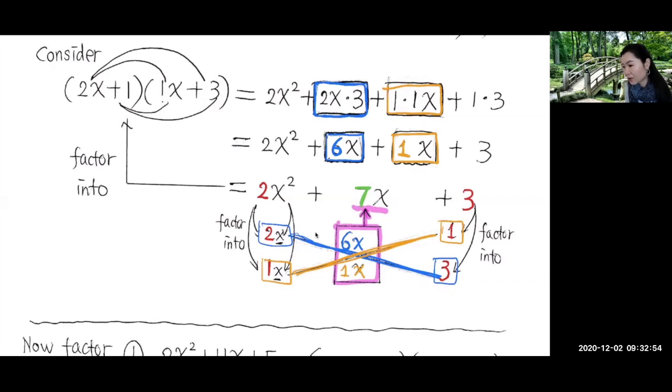And if you read this horizontally, 1x plus 3 is the second factor. So this 7x over here comes from this inner product, right here and here. And this 7 comes from this 6 plus 1. The 6 comes from 2 times 3, and plus 1 times 1 over here.